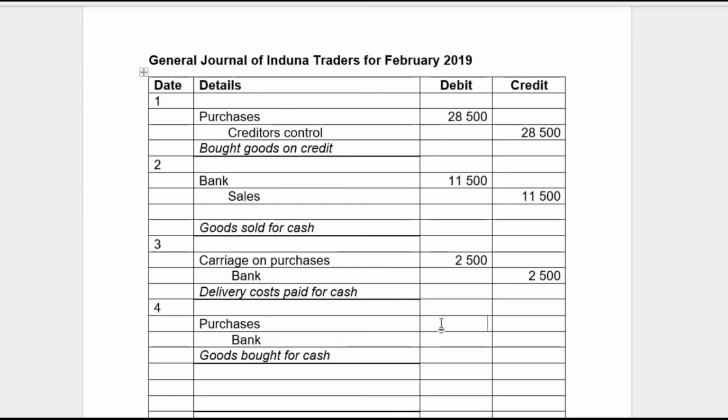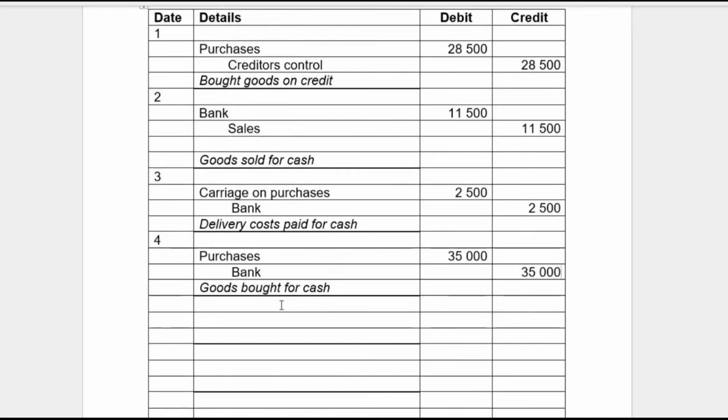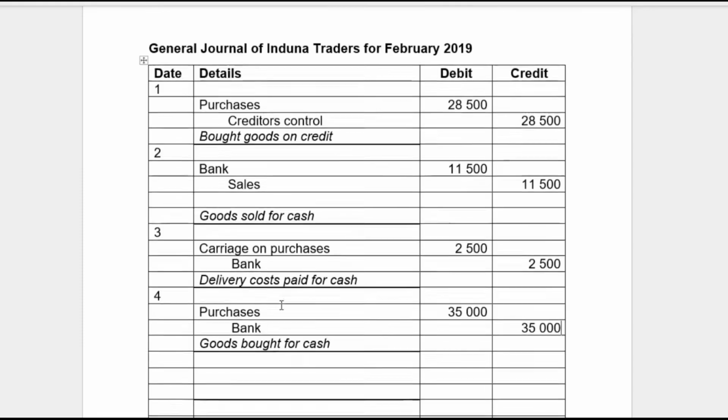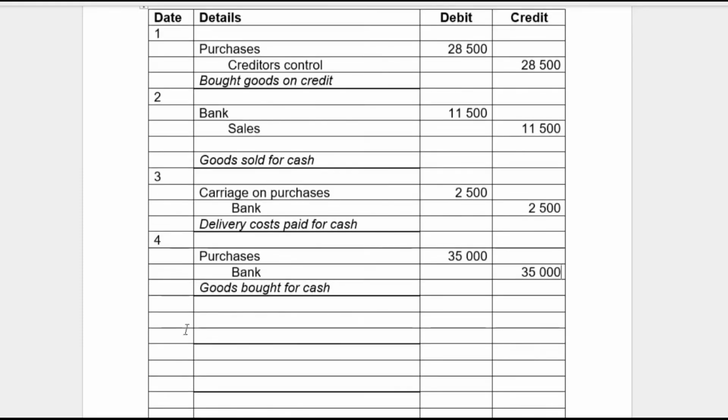So go there, you debit your purchases for 35,000, and then bank 35,000. And then that is transaction number 4. That's how you record transaction number 4. I hope you guys are following. Let's go to transaction number 5.